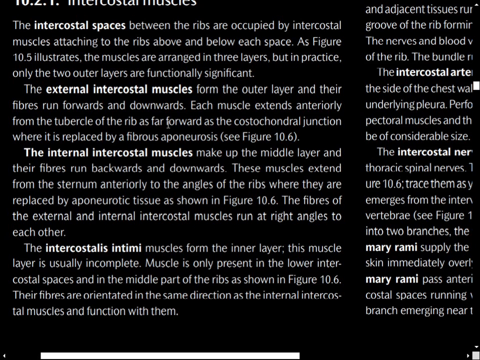The intercostalis intimi muscles form the inner layer. This muscle layer is usually incomplete. Muscle is only present in the lower intercostal spaces and in the middle part of the ribs. Their fibers are oriented in the same direction as the internal intercostal muscles and function with them.